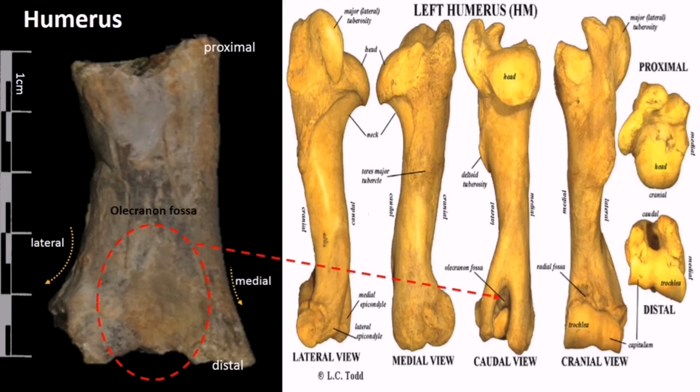Well, there is a distinguishing part on the humerus that you could differentiate from other larger bones, like the femur. Well, there's the olecranon fossa there. I've circled it in red, and I've discovered that the part of the humerus that was presented to me was the left humerus.